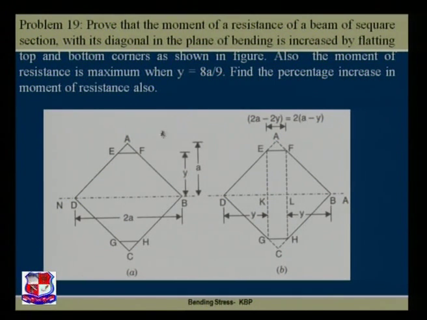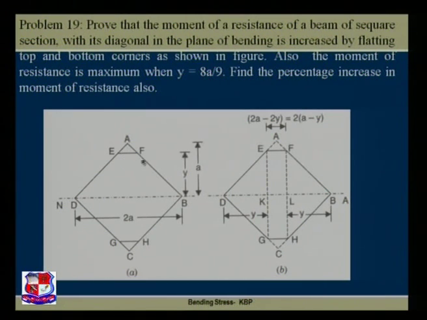Here one square section is there whose one of the diagonals is vertical. Now, the statement made in this problem is that the moment of resistance of the section is increased by flattening the top and bottom surface.